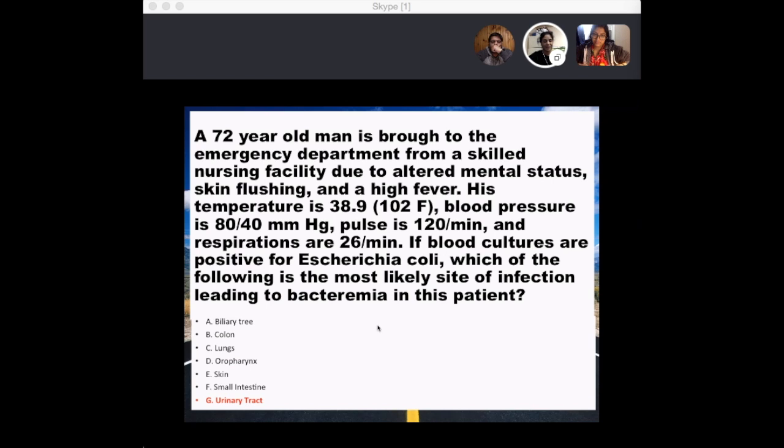I can't think of the words all of a sudden, but the schistocytes and breakdown of RBCs and all that.